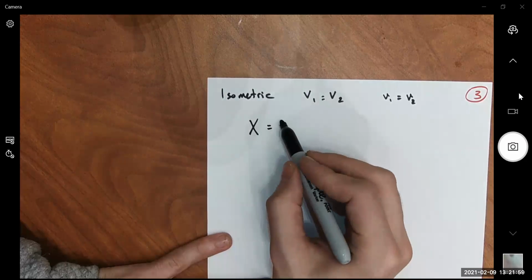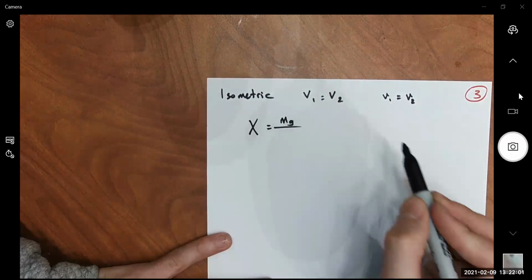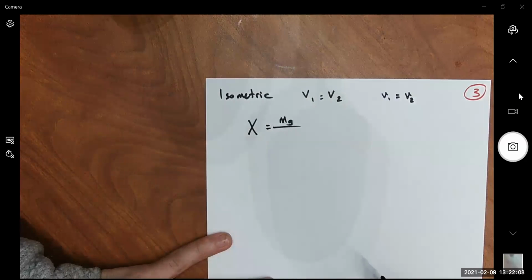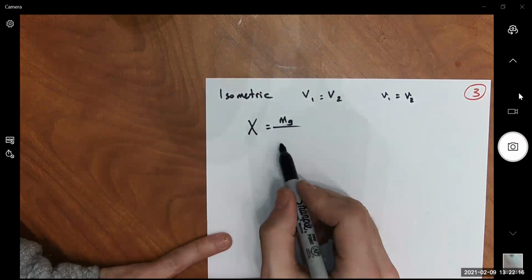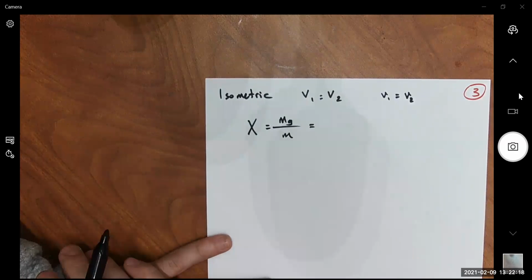X, the quality factor, at the final state. I know my mass ratios, right? I know my mass in gas or vapor form, and I know my total mass. Okay? So remember, when we define quality factor, we define it as a fraction of masses in vapor form.